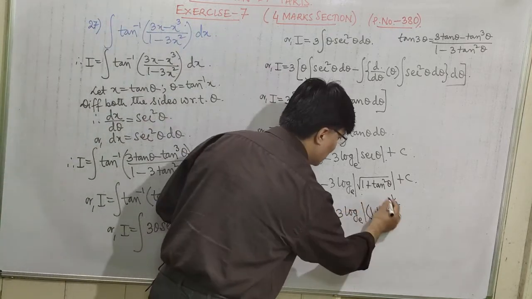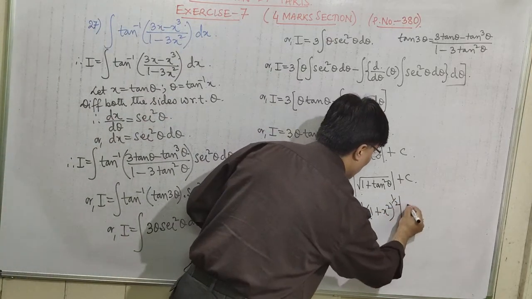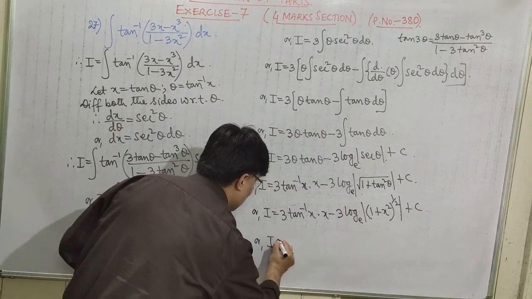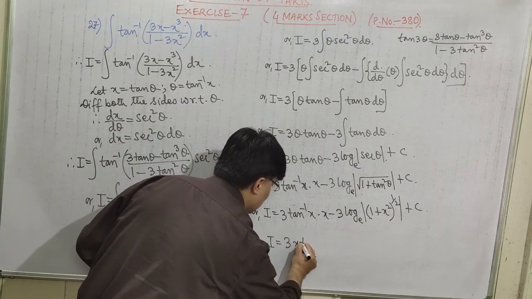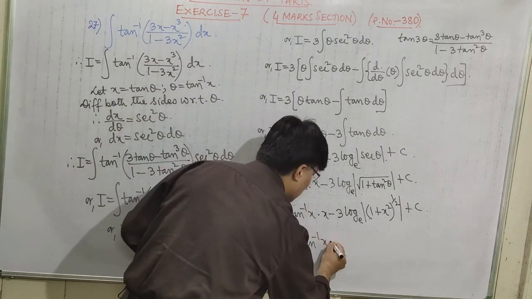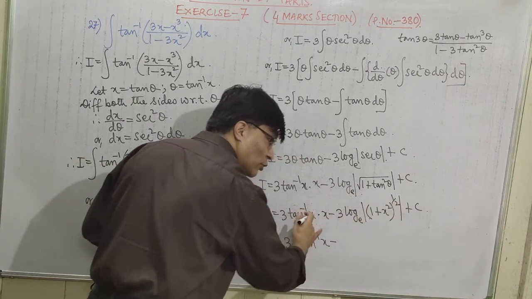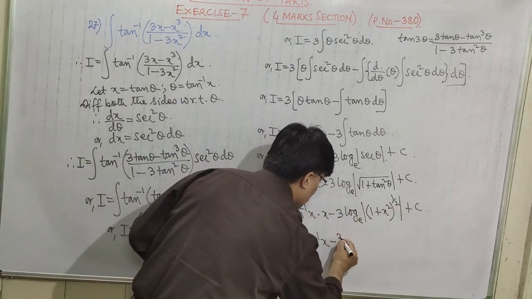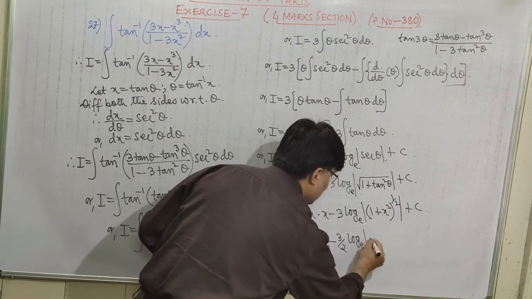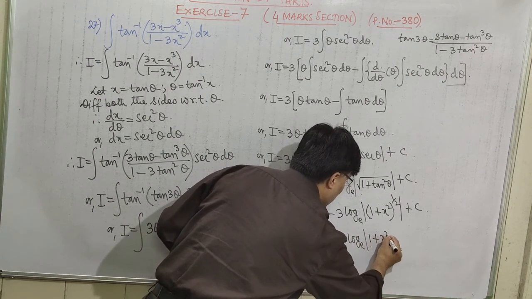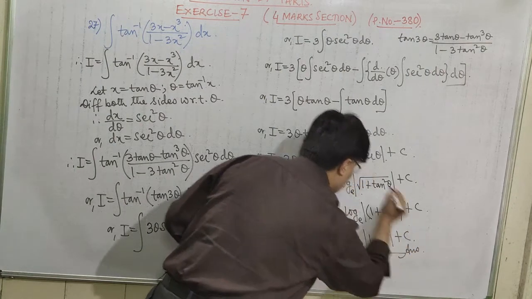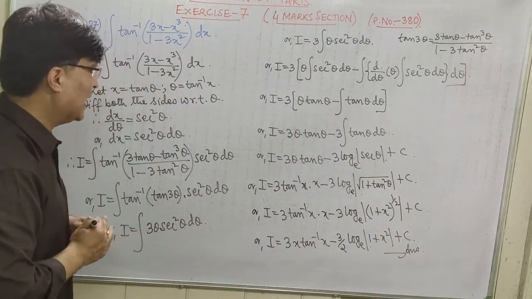So here we have written whole to the power half, mod sign closed, plus c. Or I is equal to 3 x tan inverse x, then minus, this half becomes the coefficient because of this log. So minus 3 by 2 log within mod, the base is e, 1 plus x square, mod sign closed, plus c. So this is the final answer.